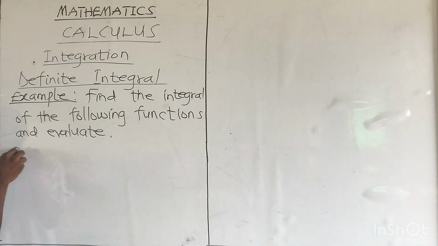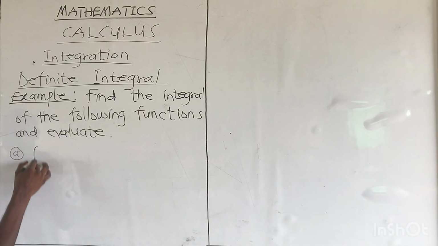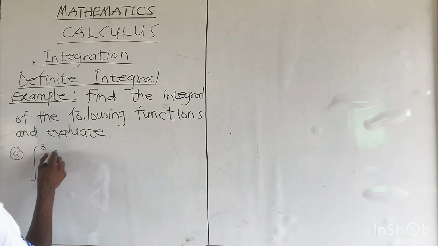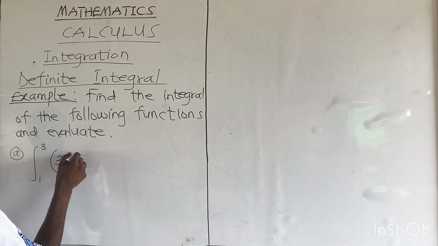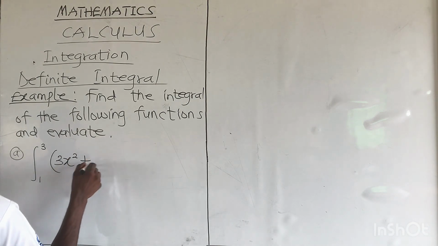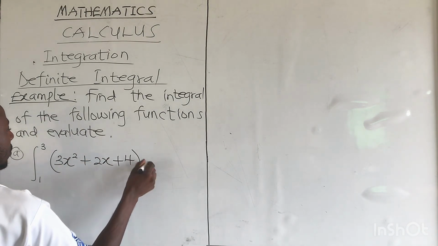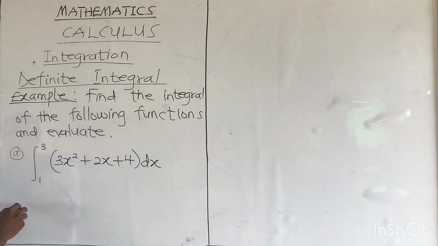A, the integral from 1 to 3 of 3x squared plus 2x plus 4 dx.